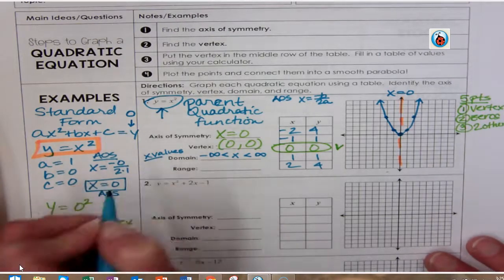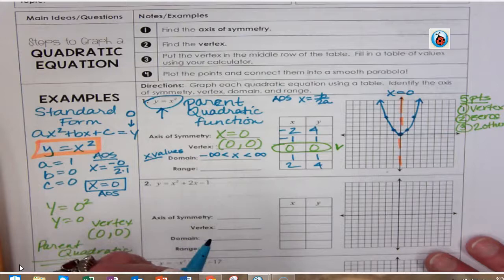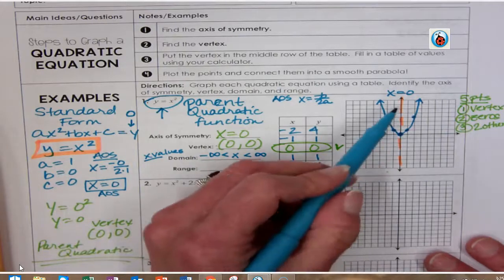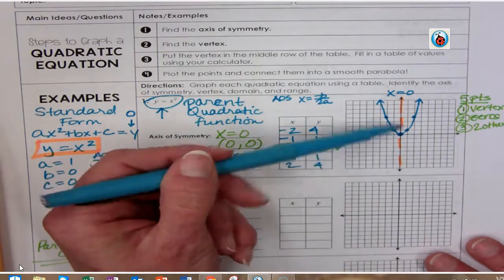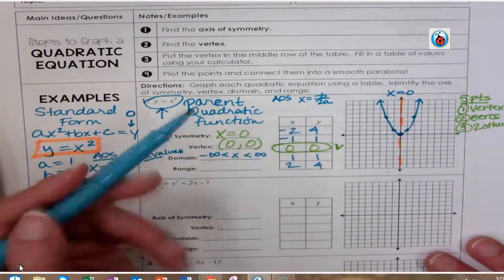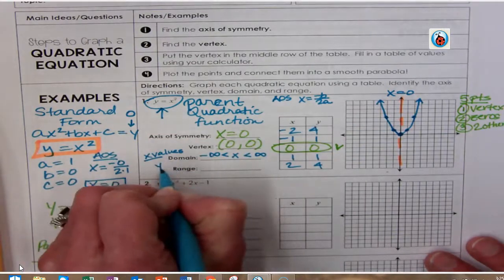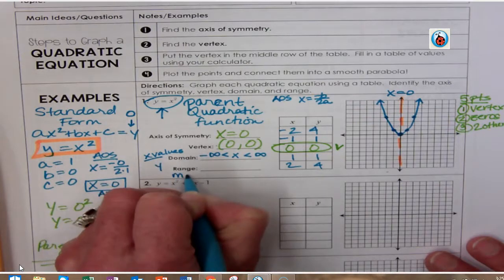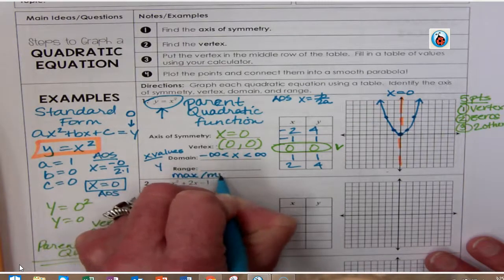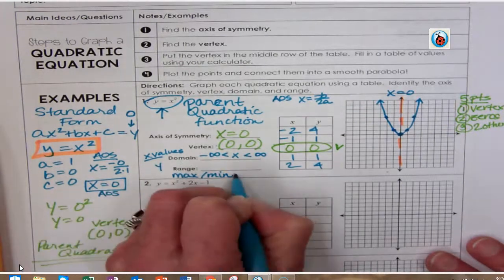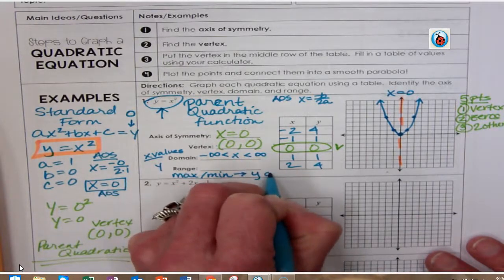All real numbers. Your range, however, is asking you what of your y values are covered. So to find your range, go to your maximum or your minimum and look on your y-axis.